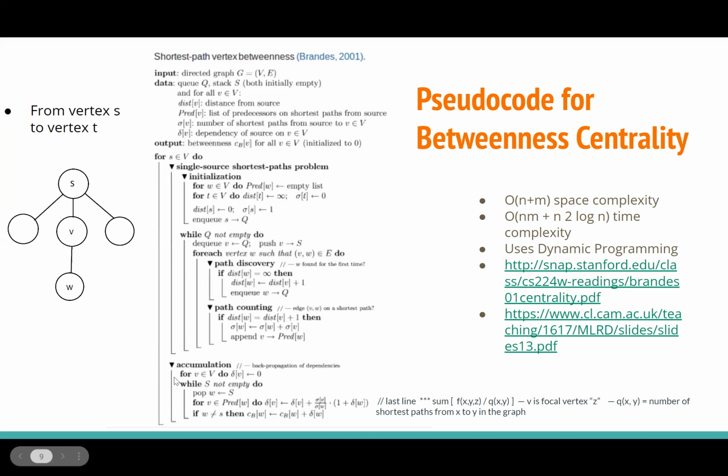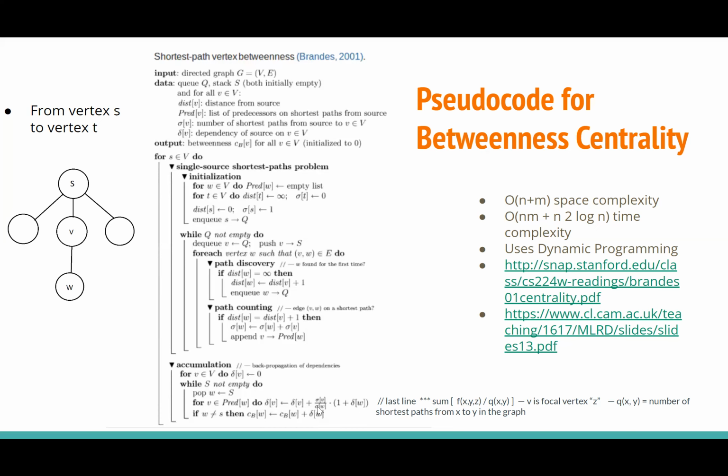So for all vertices in V, we will find the dependency source of V. So while the stack S is not empty, we will pop W. We'll pop the last element off of S and assign it to W. And then for the vertex that's a predecessor to W, because it's in this pred W array, we will assign the dependency of V as the dependency of V plus the shortest path of V over the shortest path of W times 1 plus the dependency of W.